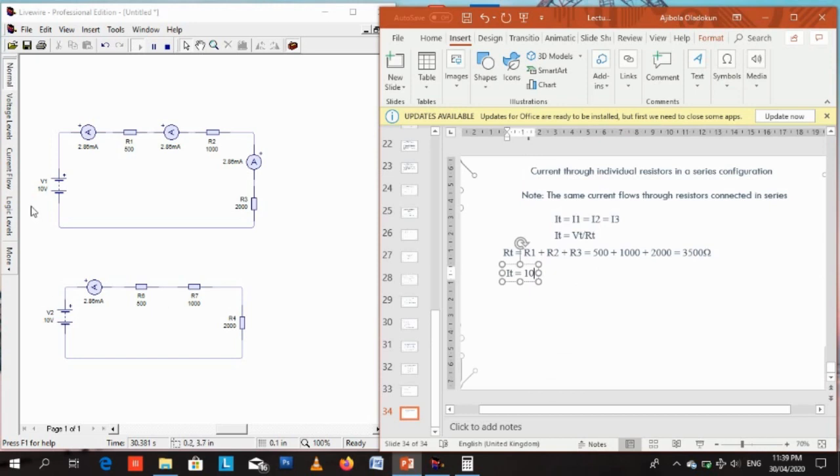What about VT? VT is total voltage. VT is 10 volts. That is the voltage of the voltage source or the battery power supply.